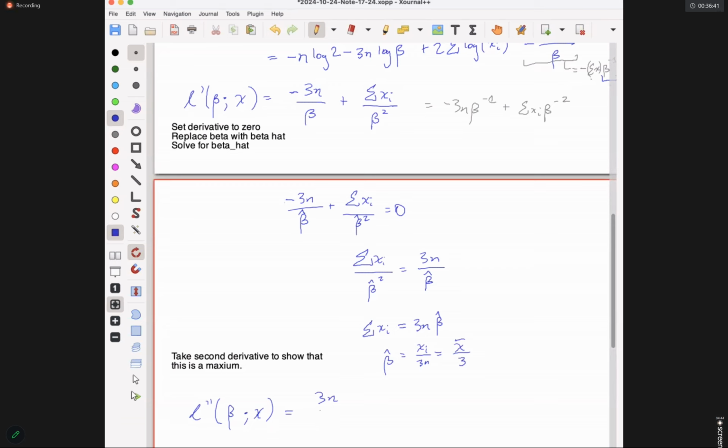So we'll have 3n over beta to the negative 2 because we multiply this thing by negative 1 because that's our power on beta. And then we change that negative 1 power to a negative 2 power. Oh, and sorry, this should be just a 2. I was mixing notation. So just a beta squared in the denominator. Does this make sense?